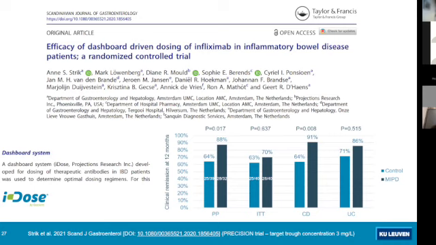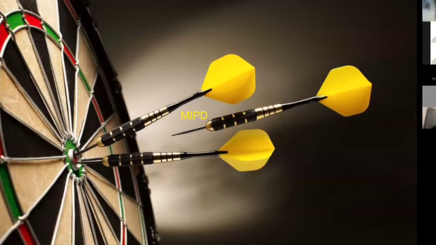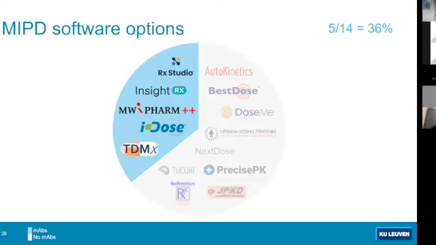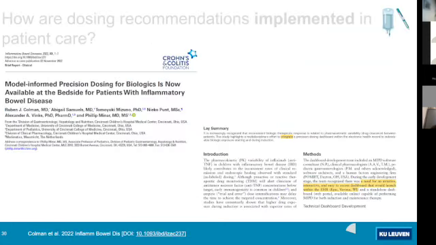So we do have evidence in favor of MIPD of infliximab. And that's why I really believe that MIPD is the way forward to make TDM, TCI, concentration control more efficient. The options are there today. Several software tools are available, so nothing is stopping us from actually trying to do this.